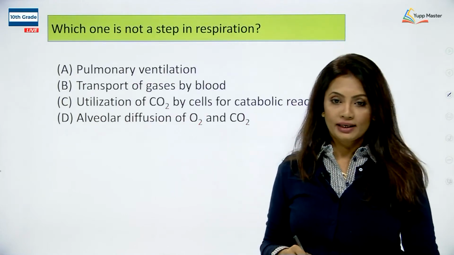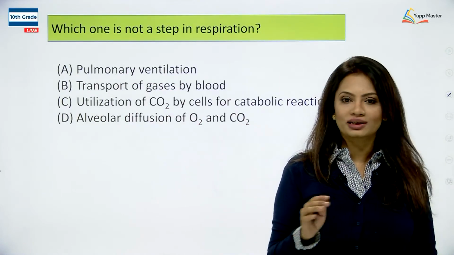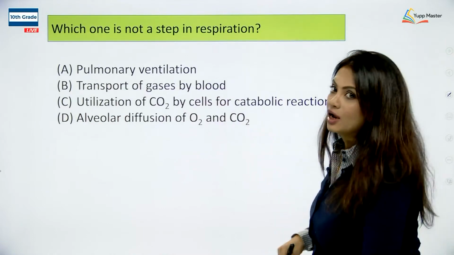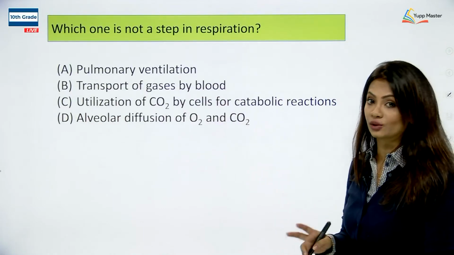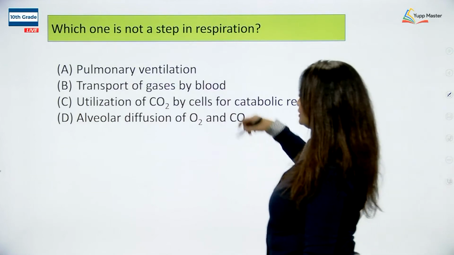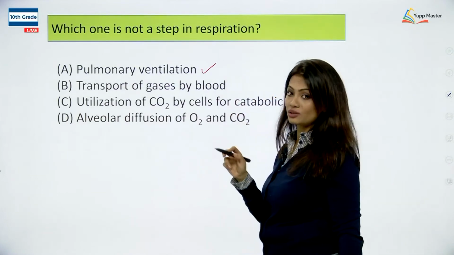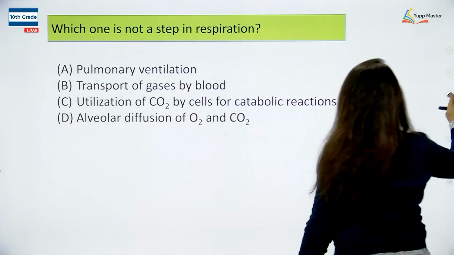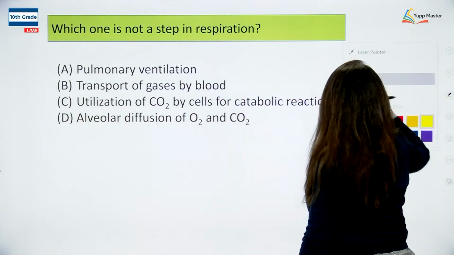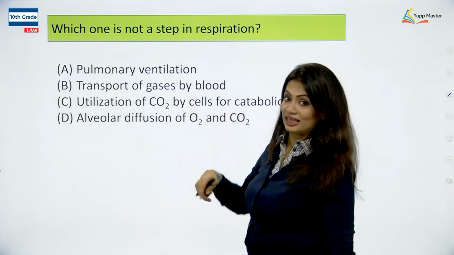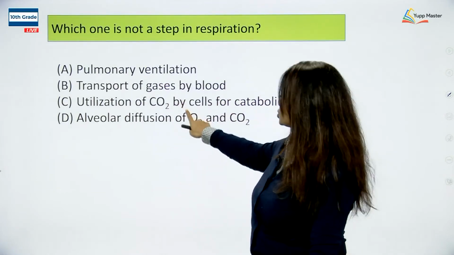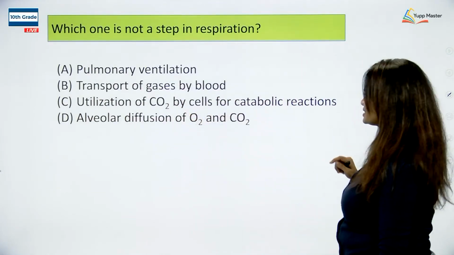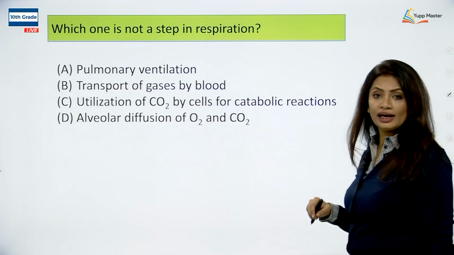Next, which one is not a step in respiration? Remember that whole mechanism of respiration that we had done. Pulmonary ventilation, air comes in and air goes, that is correct. Then, transport of gases definitely does happen. Utilization of carbon dioxide by cells for catabolic reactions.